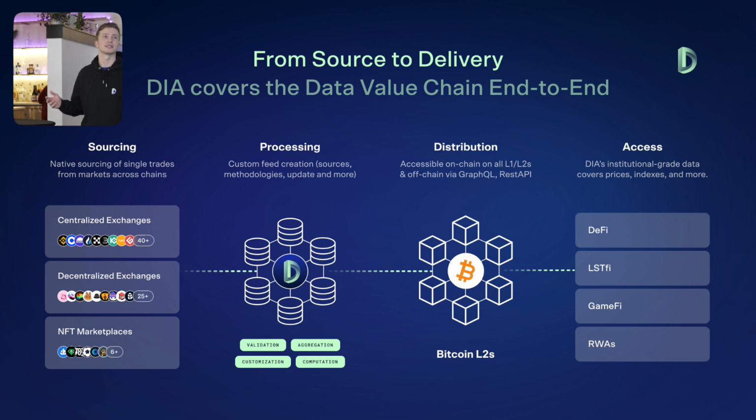Again, what this looks like, an example is, you have a high frequency perp trading protocol. You're gonna need updates every tick, right? You're gonna need updates every time you're entering and exiting a position. Very high frequency oracle updates. This is one area of customization that might be used by DIA or implemented by DIA.